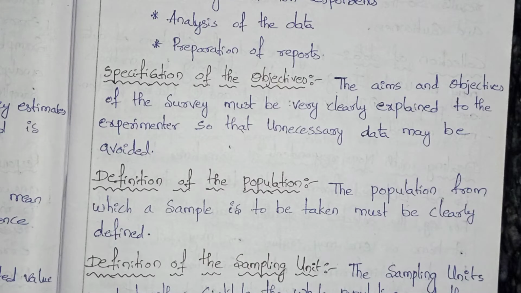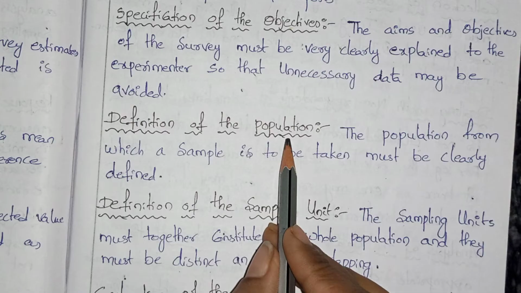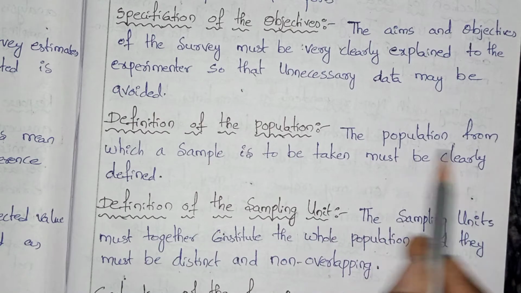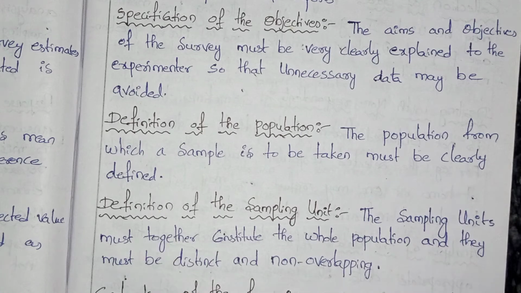If we explain, he may not ask unnecessary questions or collect unnecessary data. And the next is definition of the population. The population from which a sample is to be taken must be clearly defined. As I told you, the sample is collected from the population, so the population should be clearly mentioned. What is the population? Which area?